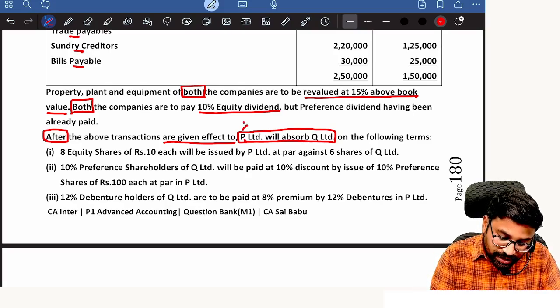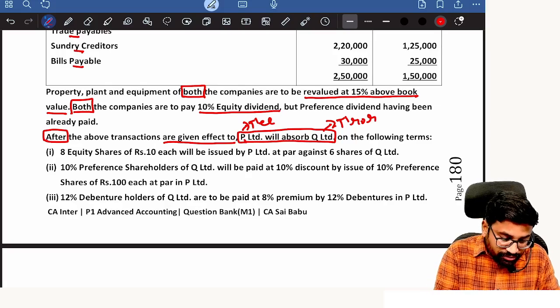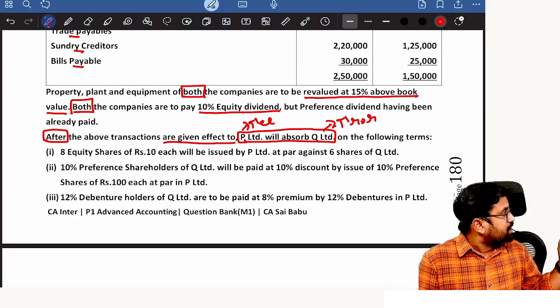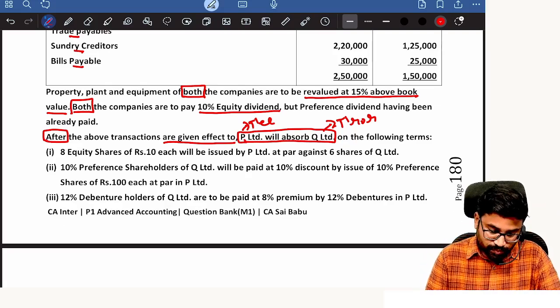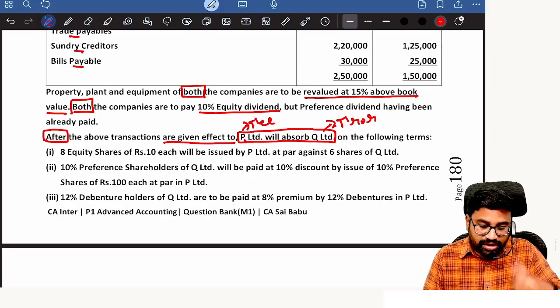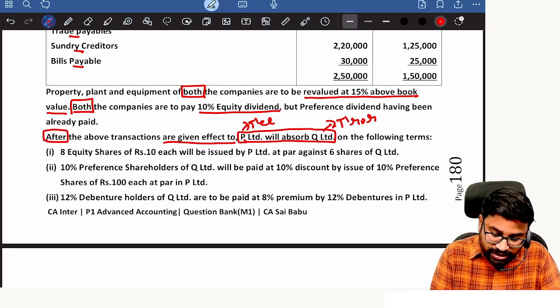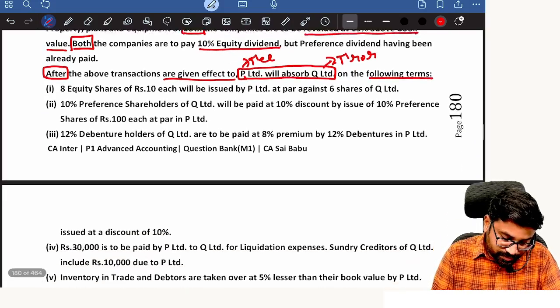So here P Limited is transferee, Q Limited transferor. The important phrase here is after the above transactions are given effect to. That means first we need to adjust the above things in their books, after that the takeover happens. So P Limited will absorb Q Limited on the following terms.